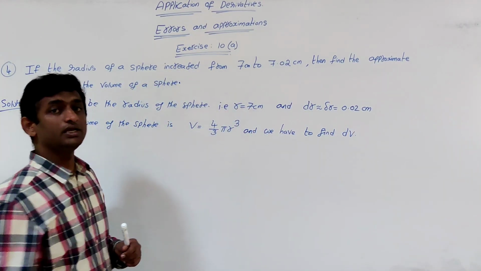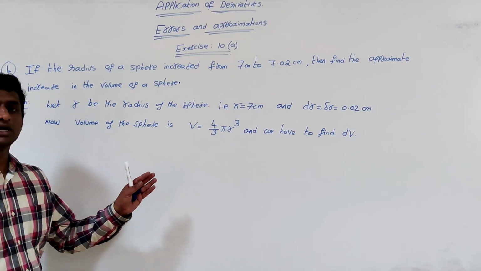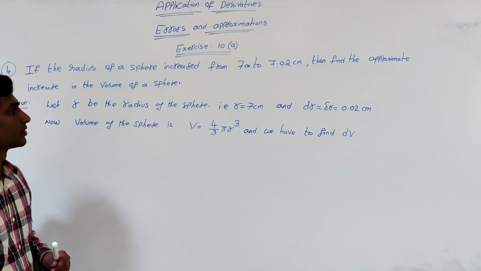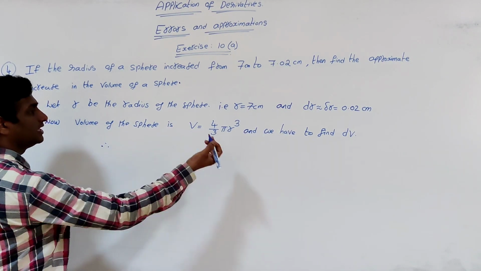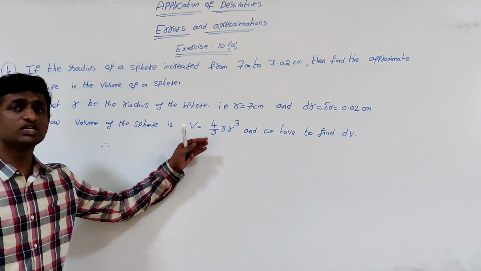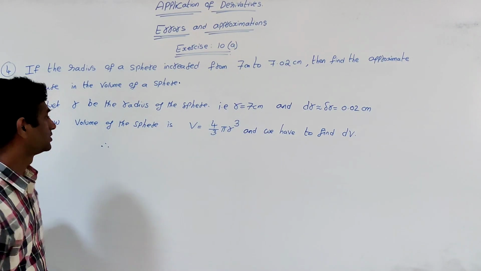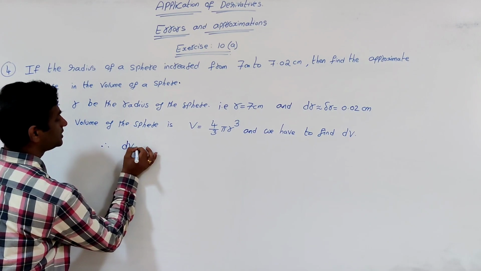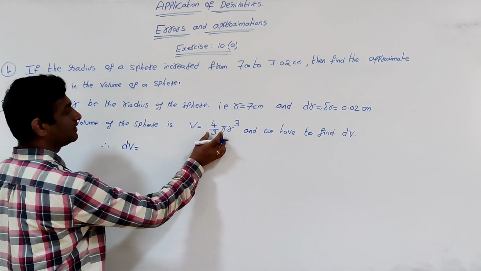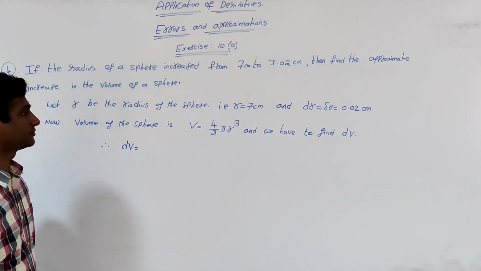What is the change in the volume? Means approximate change in its volume. So it is dV, means it's a differential of V which depends upon the radius. So therefore dV is equal to derivative of this function into dr.